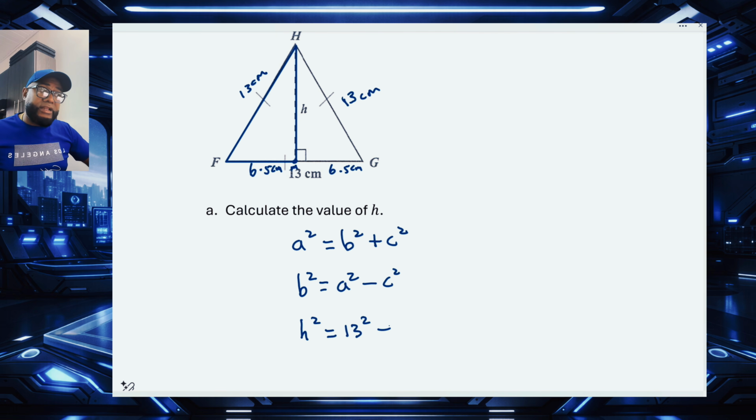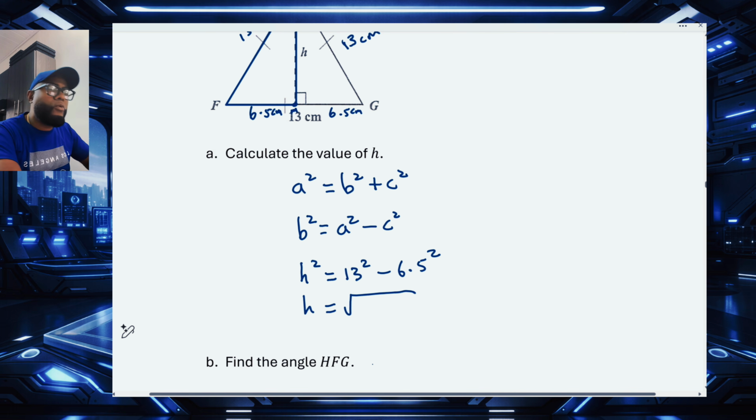What is C, the other side? So H would be equal to the square root of what? 126. And the square root of that will be what? What is the value of H?